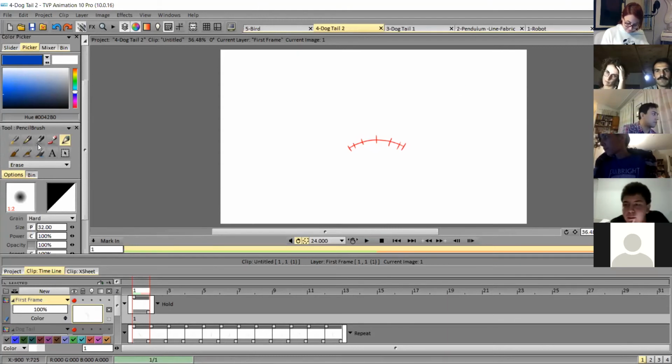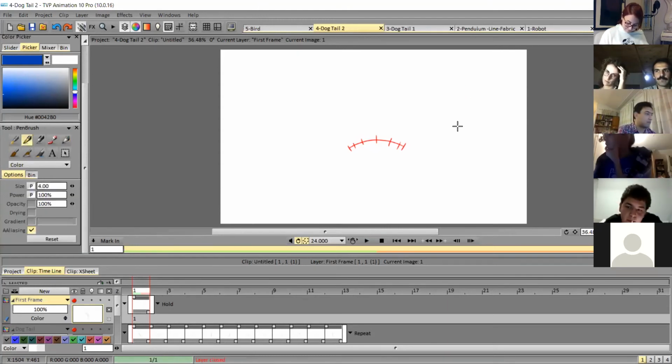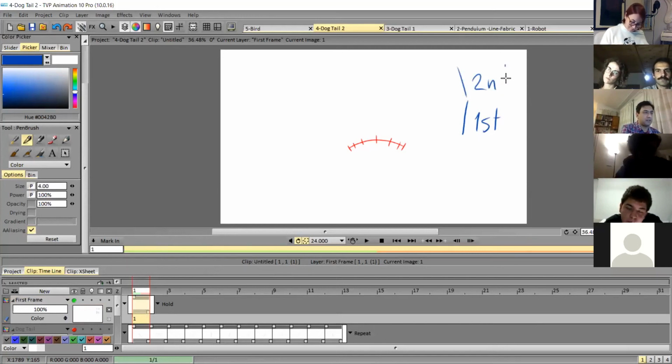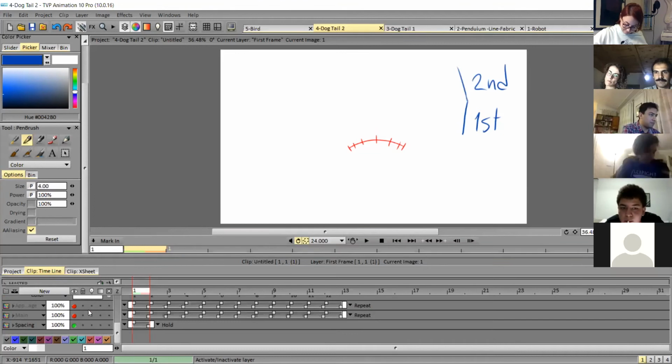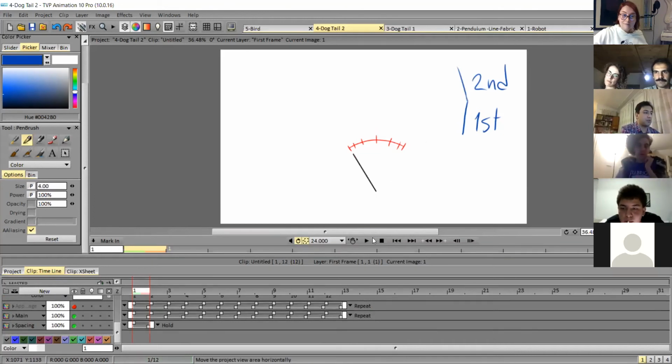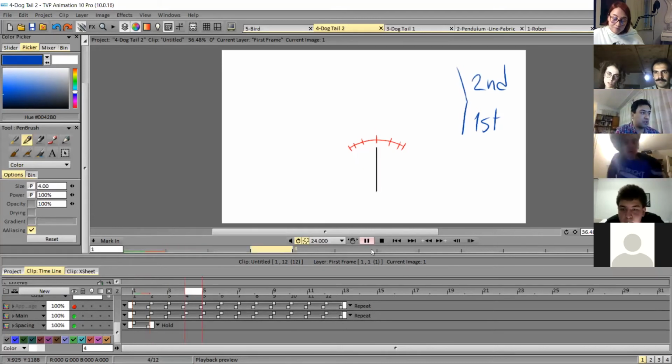This is the first part, and this is the second part. The first part would act like the pendulum. It will be like this.